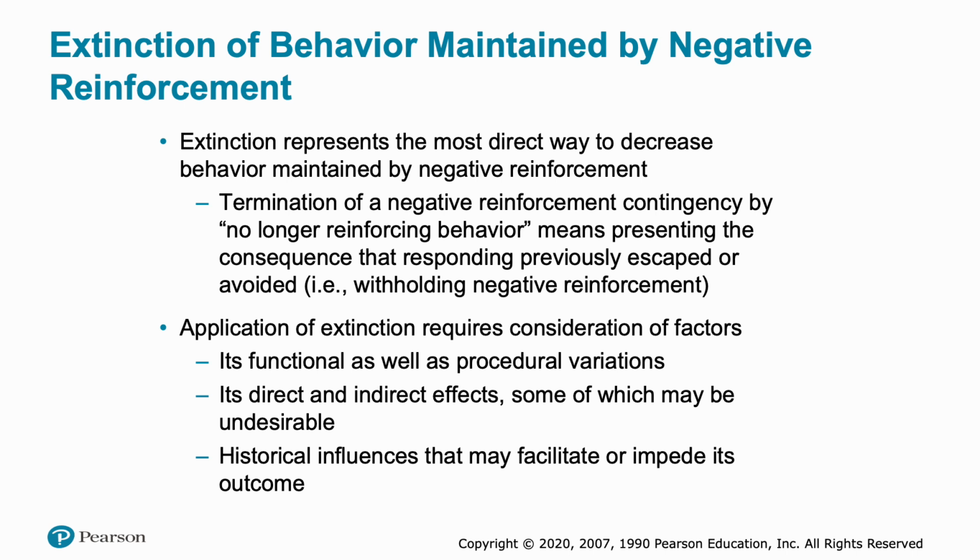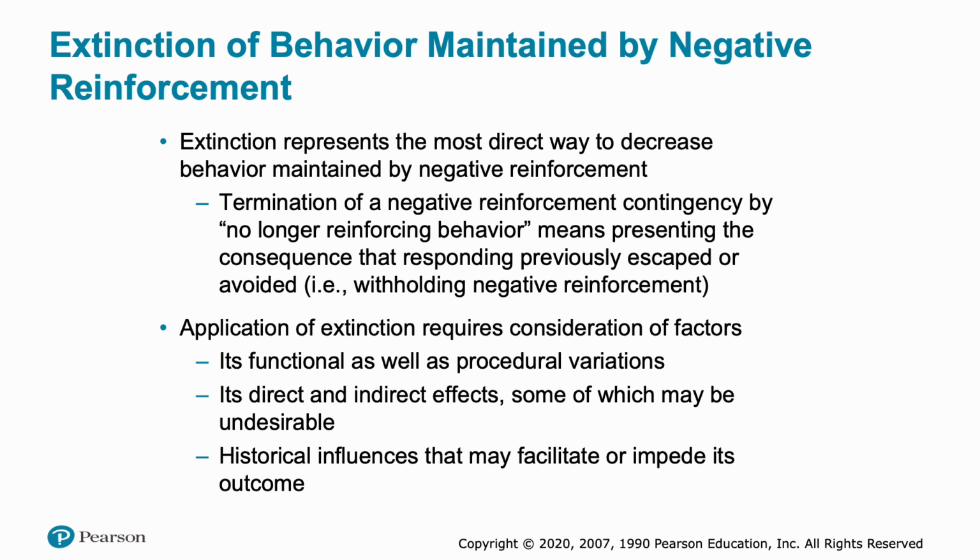When we apply extinction to behaviors that are maintained by negative reinforcement, we are withholding escape, basically. So this specific intervention is actually called escape extinction. When we are applying extinction to behaviors that are maintained by negative reinforcement, we are implementing a procedure called escape extinction.